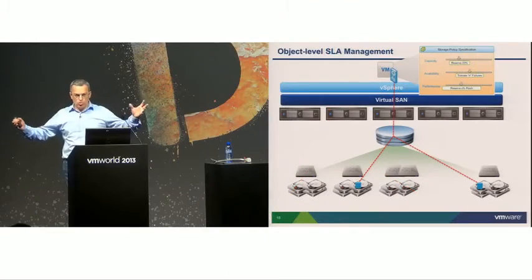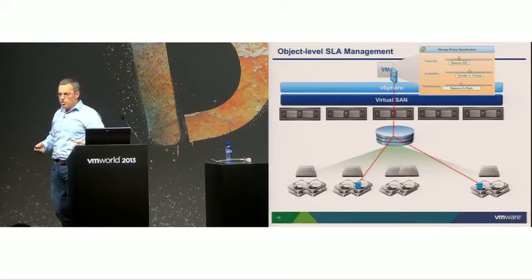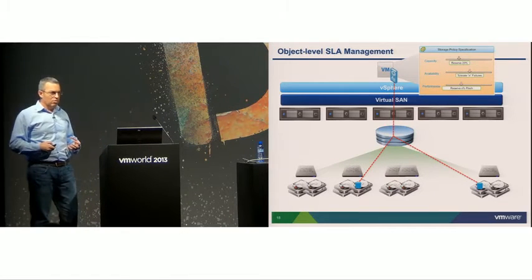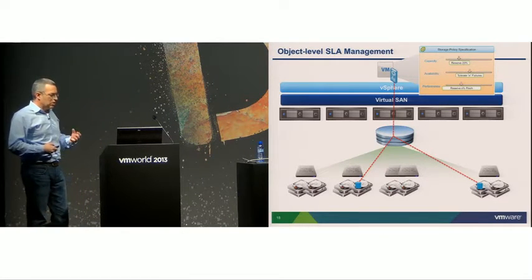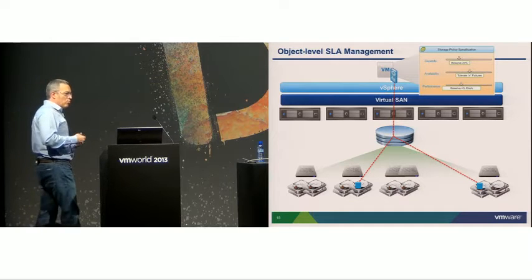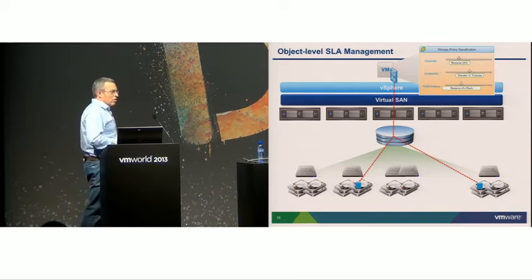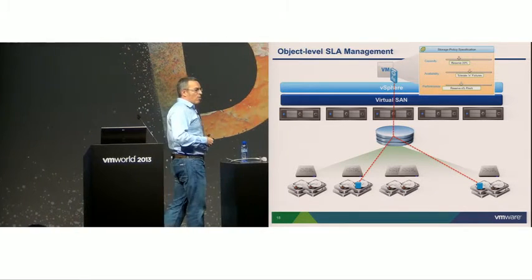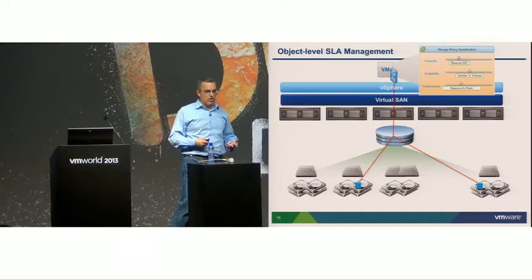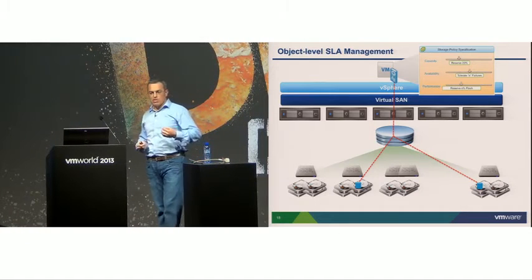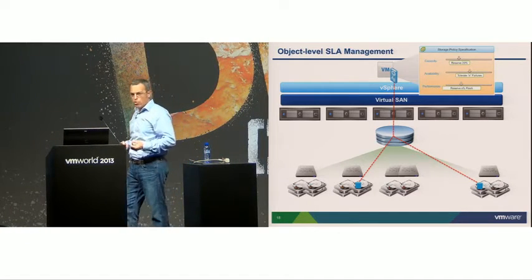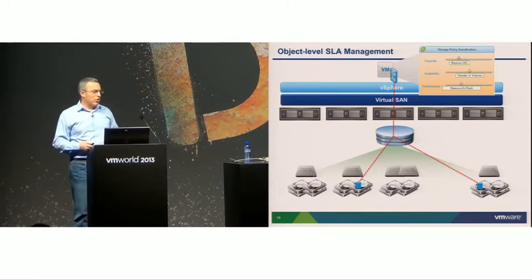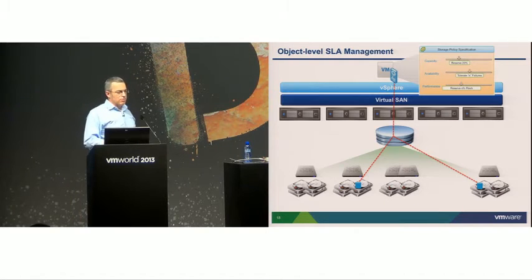And based on those two types of criteria, we decide how, first of all, to replicate the object. In this case, we create two replicas. Where to place them, on what magnetic disk, on which host, what flash device to use for caching, and the flash is always the flash in front of the magnetic disk on the same host. So what flash to use for read caching and for write buffering for each of those replicas.